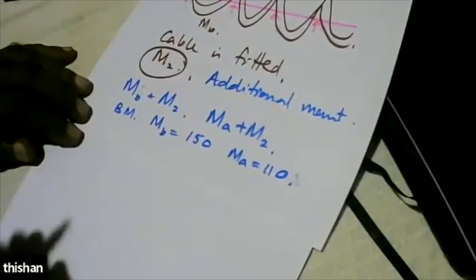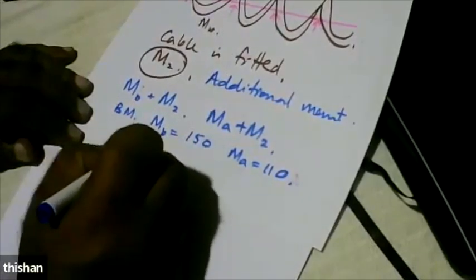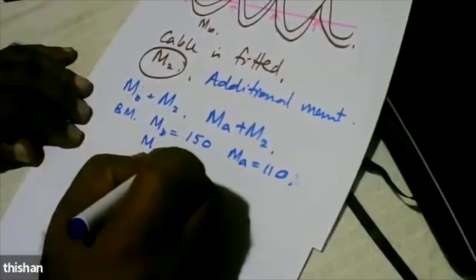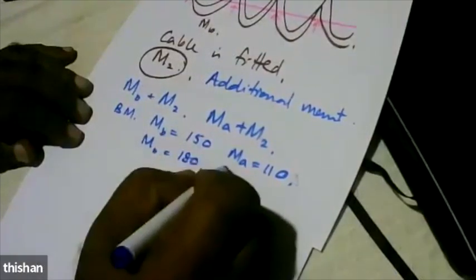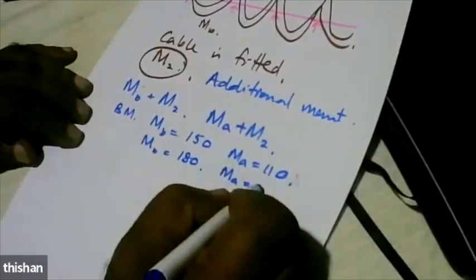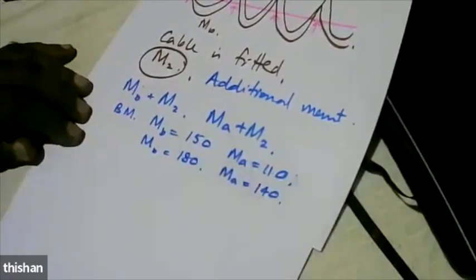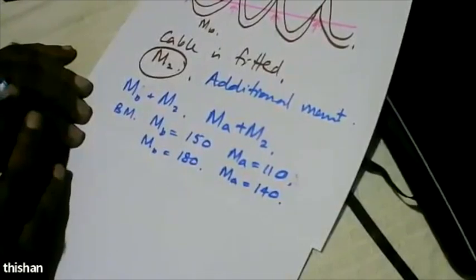And then you fit the cable and suddenly you find this MB is not 150, it is 180. And MA is not 110, it is 140. Now what will happen to your calculations? All will go wrong.